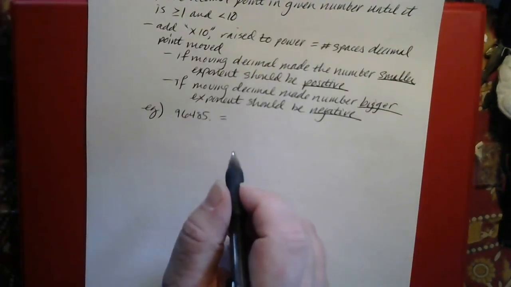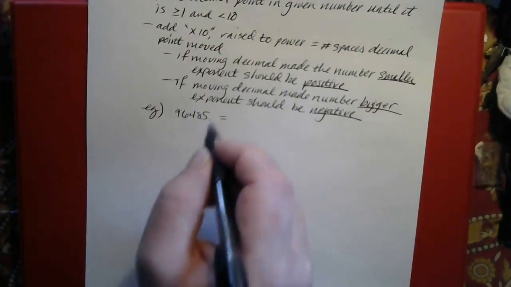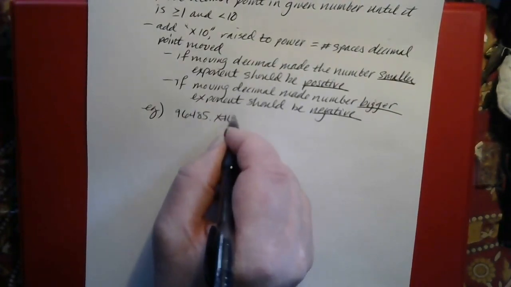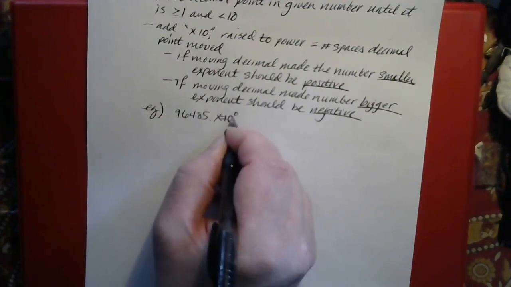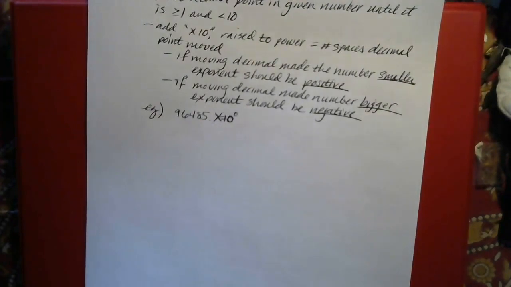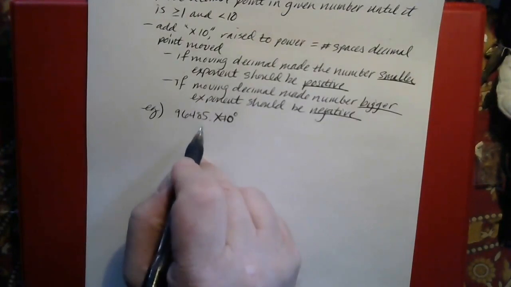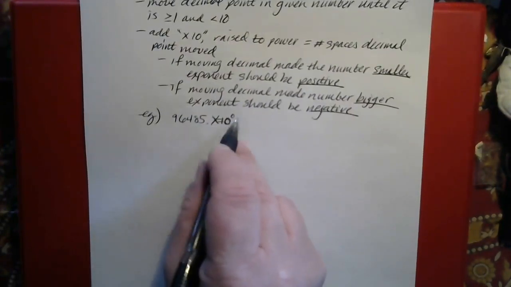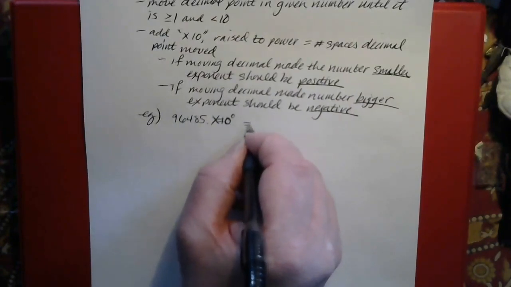If we start out like this, we can think of this as being 96,485 times 10 to the 0 power, because anything to the 0 power is 1, and you can multiply anything by 1 without changing its value. So you could take any number you see and consider it to be times 10 to the 0. So 96,485 is the same as 96,485 times 10 to the 0.